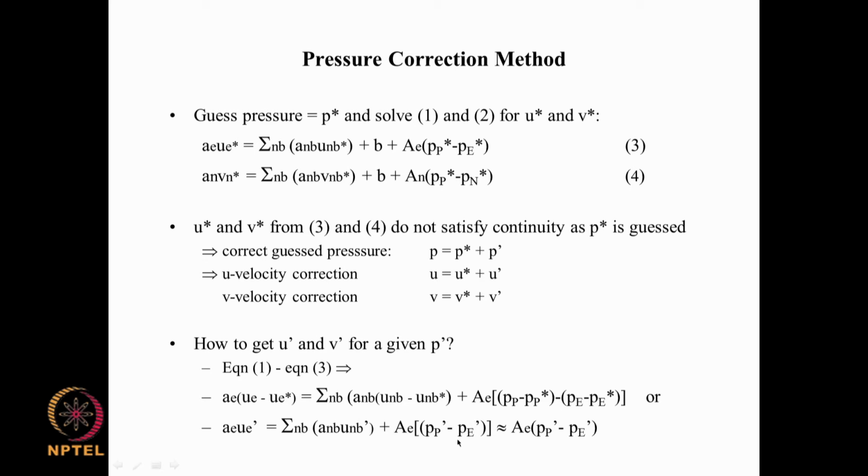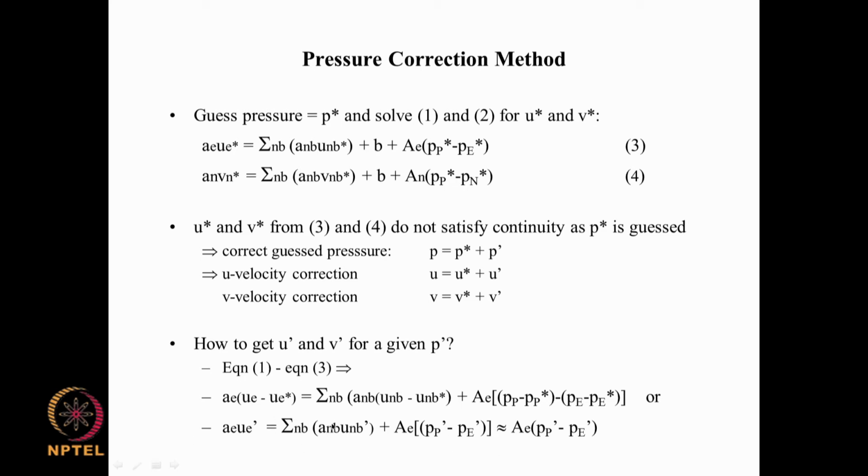At this stage we do not know what the pressure correction is, but if there is a pressure correction which is varying at every grid point, just as pressure itself is varying at every grid point, then they add up in such a way that the velocity correction is given by this whole equation.